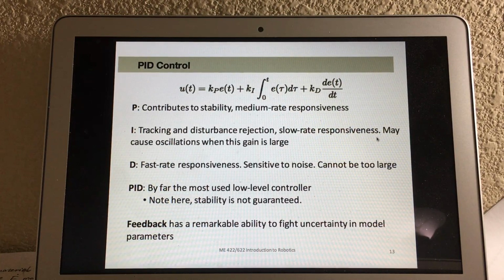And also, feedback has a remarkable ability to handle uncertainty in model parameters. Look at this. We commented on the third attempt that there are too many parameters we have to input to the model: the C, the M, and the gamma, the air resistance, etc. Here, you have nothing of that.